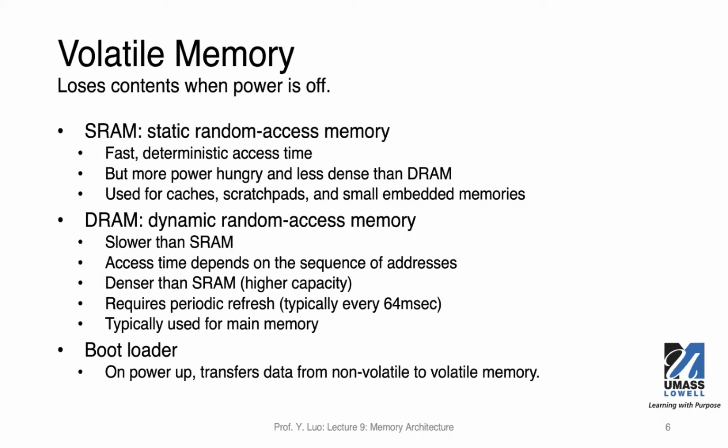In this category, there are SRAM and DRAM. SRAM stands for static random access memory. It's very fast among all these different types, but it's more power hungry, and it's used only for small storage units like caches, scratch pad, things like that.